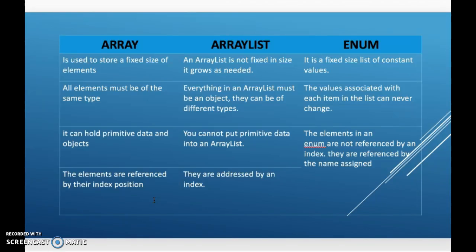In this case, the first index in an array is the number 0 and not the number 1. There is a difference also with an enum. An enum is a fixed size list of constant values that you can never change.